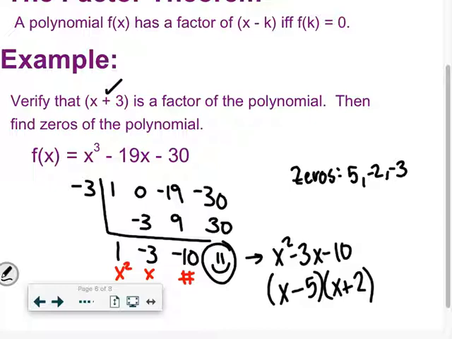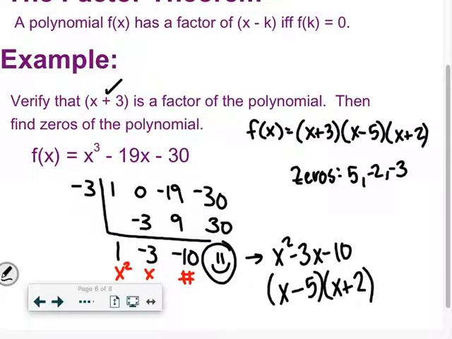And I'm going to go back to Dylan's piece where he factored this at the bottom. I could rewrite this polynomial now in its factored form. It would be x plus 3, x minus 5, and x plus 2. I don't know if it's this homework assignment or one of our future homework assignments, but they ask you to write something called the linear factorization.